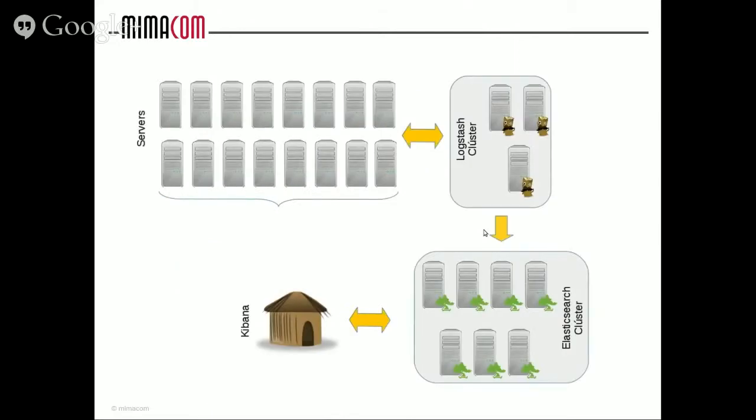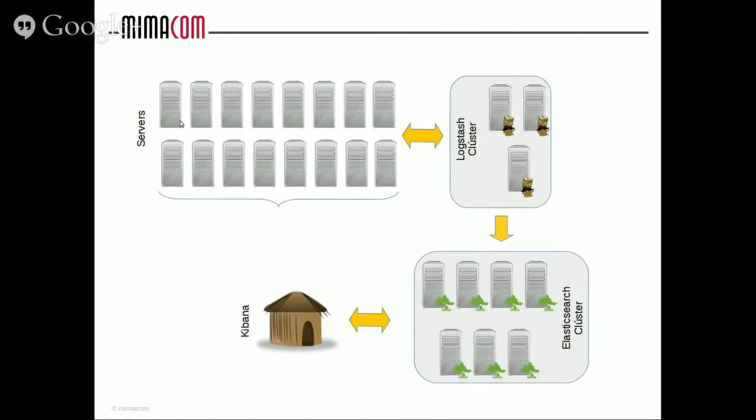And this is the last approach. For example, we can find something like this with our servers. Then we can find some nodes of Logstash that will be in charge of reading all the logs and processing everything. I have here this arrow pointing on both sides, because we have two options.